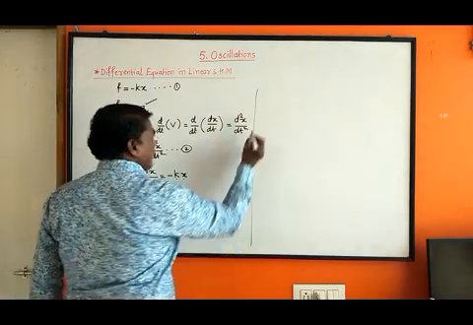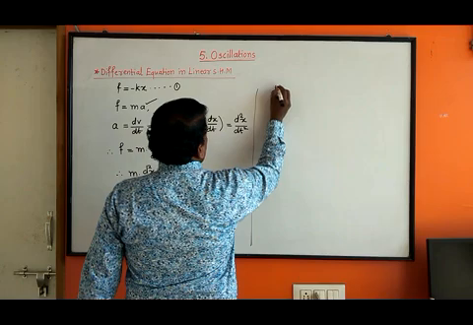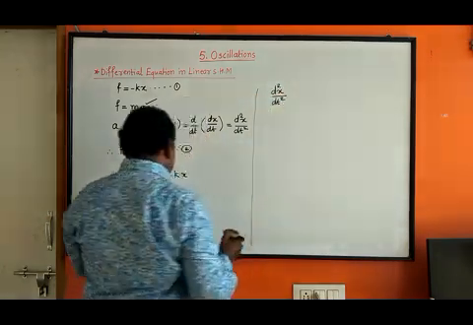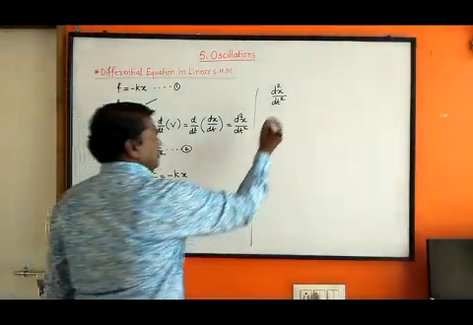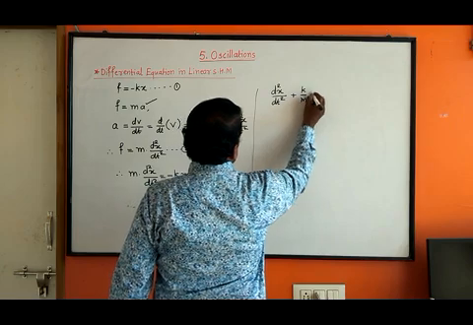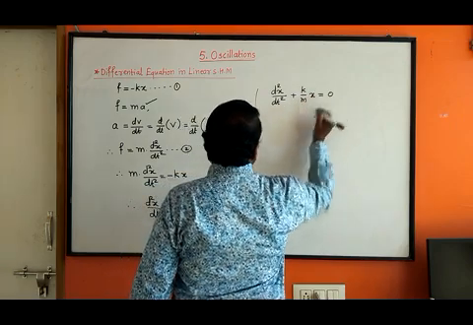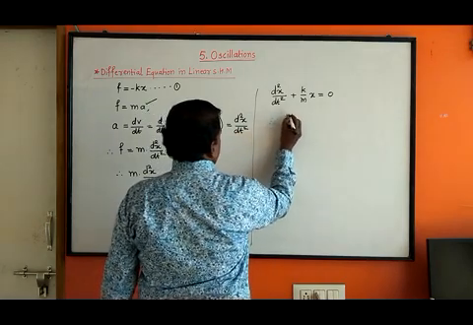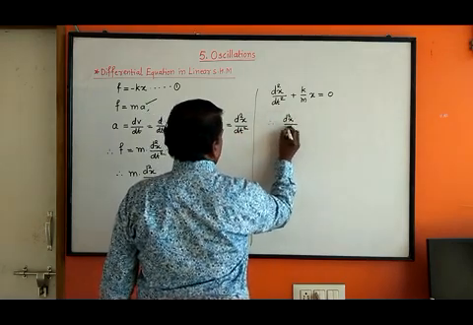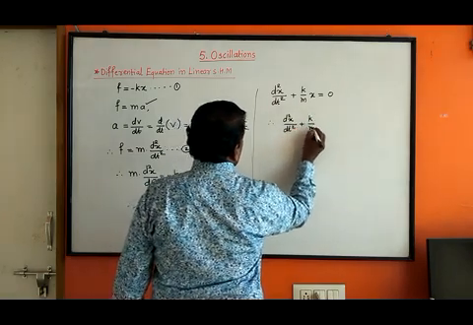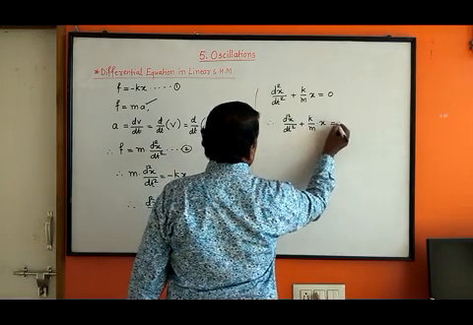So therefore you can say d2x by dt square, taking the negative term to this side, it becomes plus k by m into x is equal to 0. Therefore d2x by dt square plus k by m into x is equal to 0.